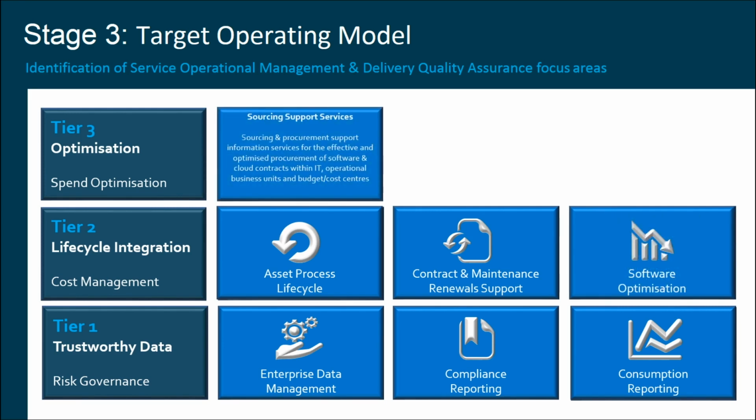Sourcing support and advisory services. This is where, in tier 3, the target operating model needs to provide the right level of advisory support for people who are sourcing, be it category procurement or line of business budget owners or IT owners.